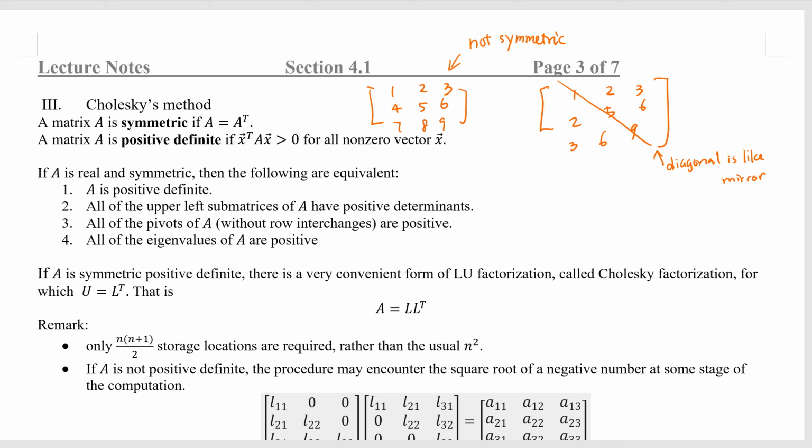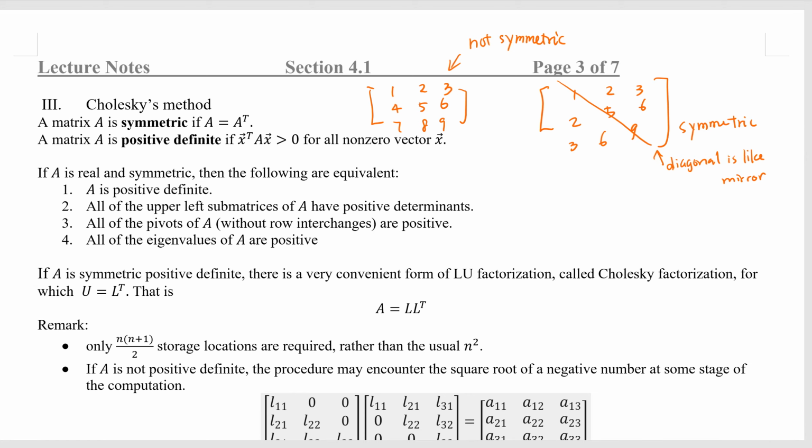So far, so good, everybody. So this guy is symmetric. The transpose equals itself.